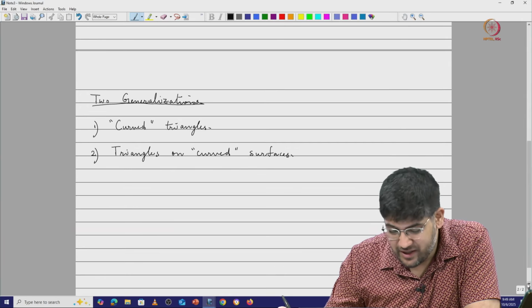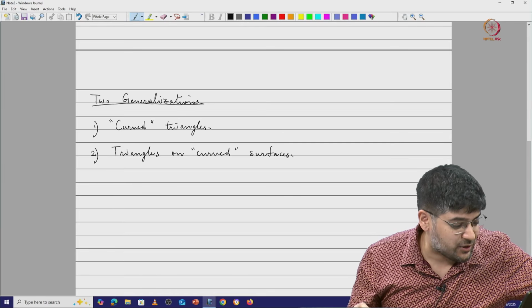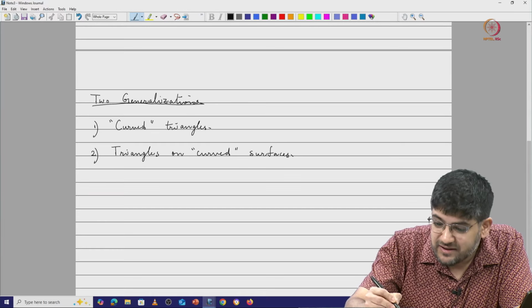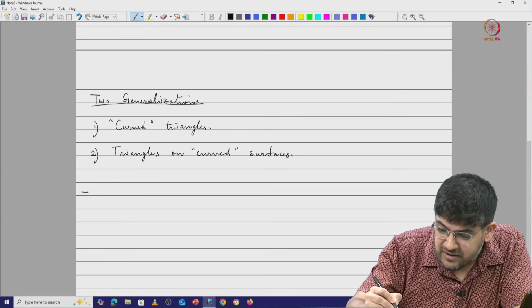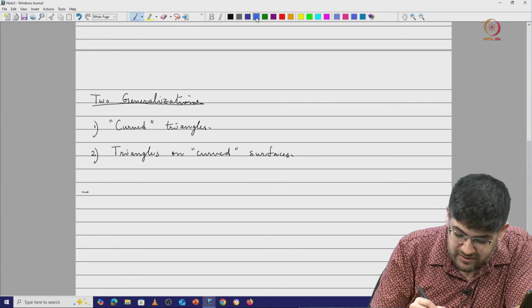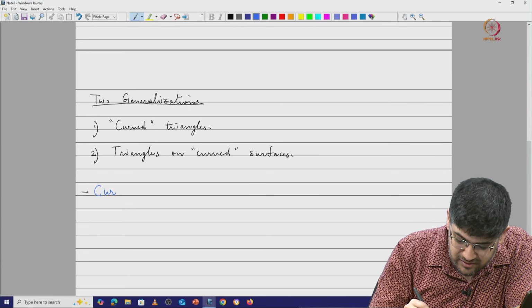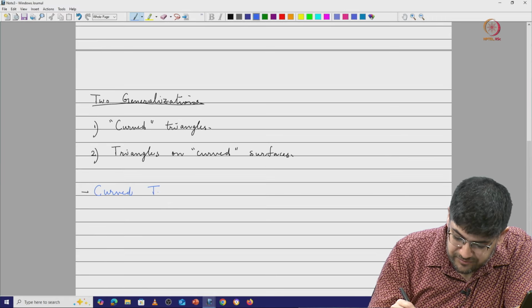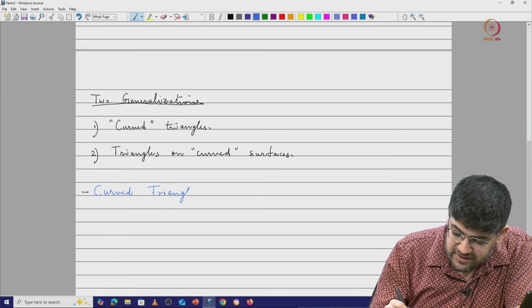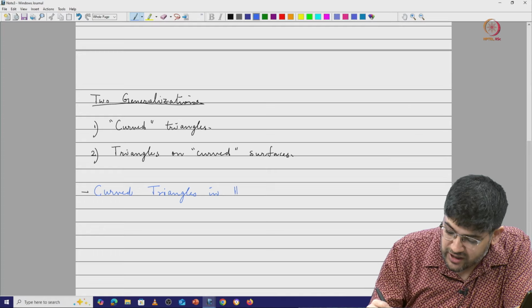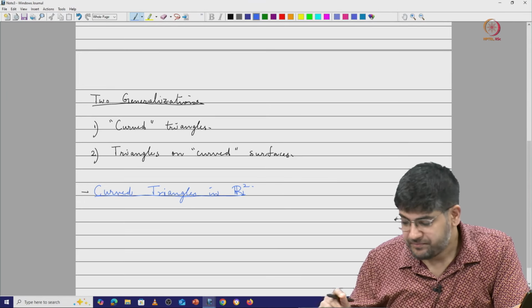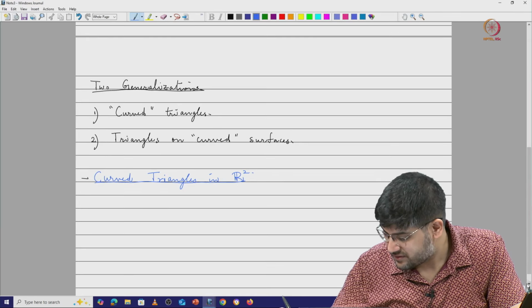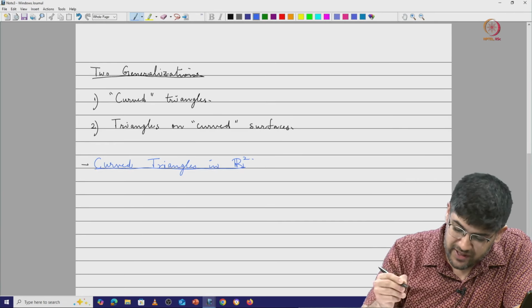All right, so let me first start with curved triangles. Curved triangles in the plane, so in R2. Okay.